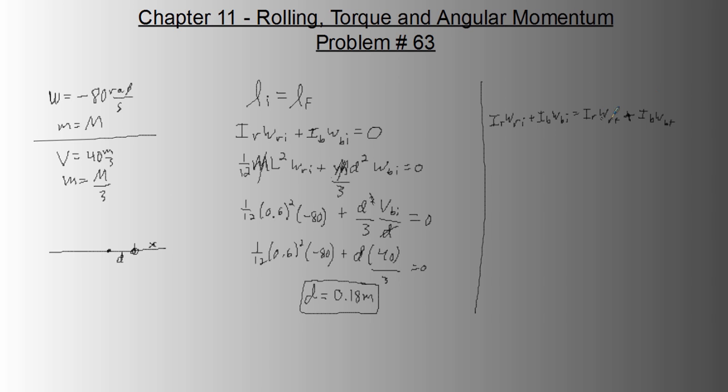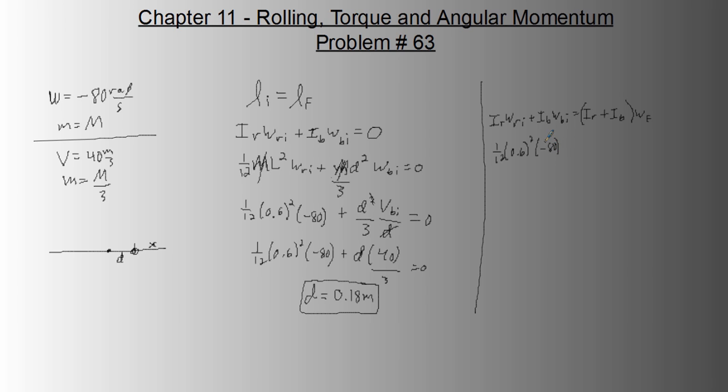They actually stick together, so the omega_R final and omega_ball final are the same. So that simplifies. Let's do that now, just so we don't get confused. Since they stick together, the masses combine, and then we'll just say omega final of both. So we did this over here already. That's the 1/12 times 0.6 squared times negative 80.